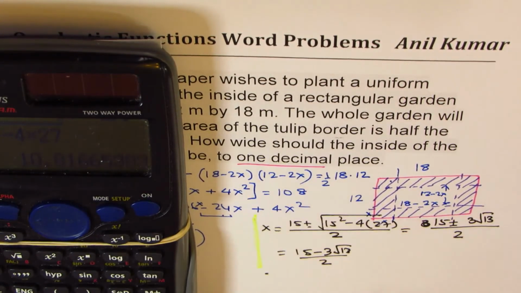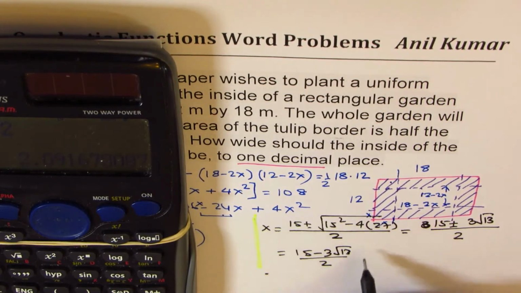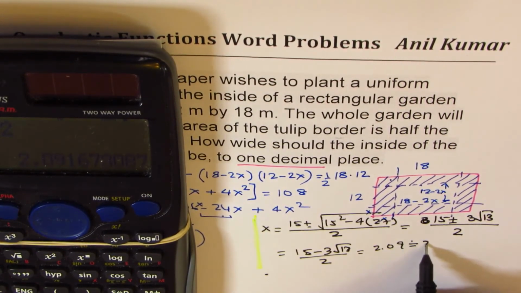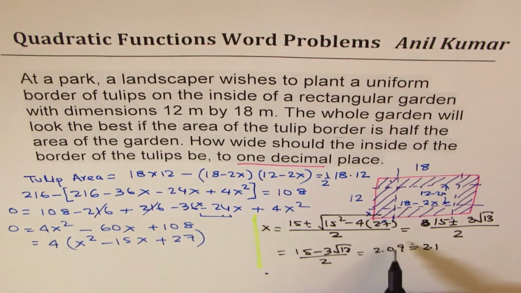So that is the decimal value. So we'll do 15 minus 3 square root 13, divided by 2 is equal to, in decimals, approximately 2.09, approximately 2.1. Is it okay? So that is the value of x.